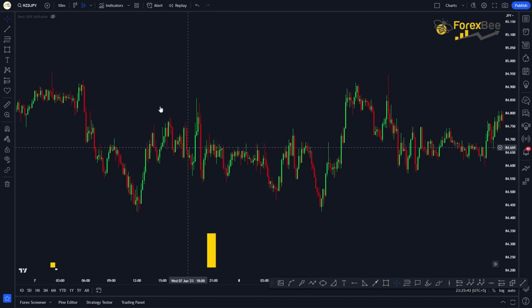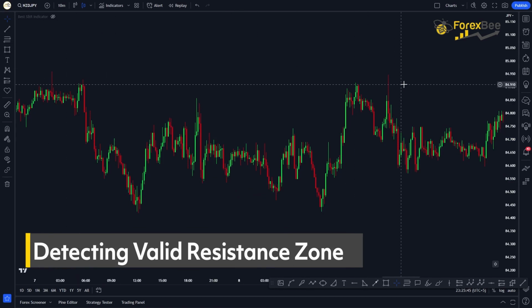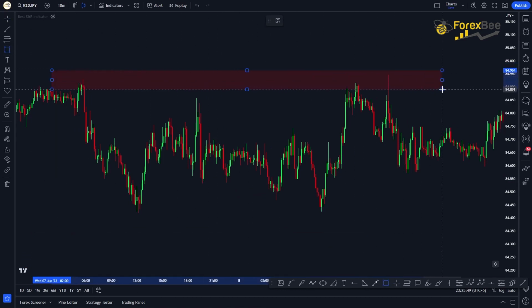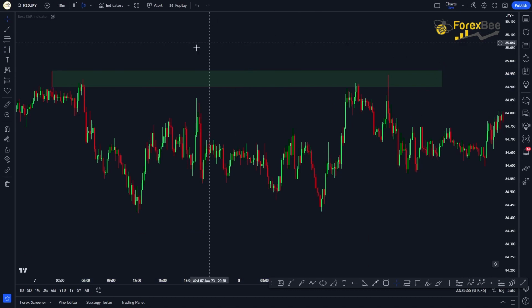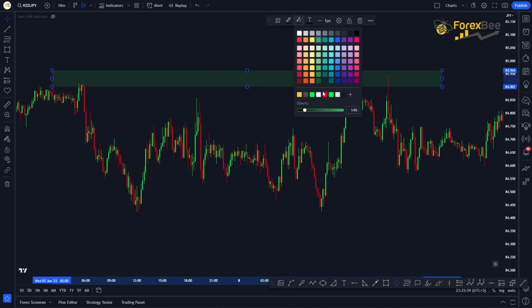For example, if we look at this market area here, we can see that price is bouncing from this area a lot of times in the downward direction. So if I go ahead and draw this here and change this color to green. Actually, let me change this back to red because this is our resistance zone.